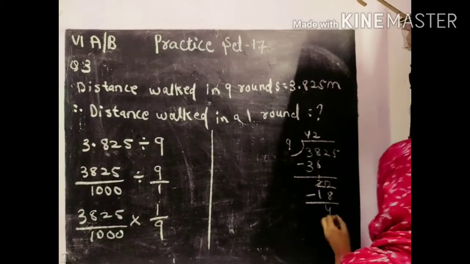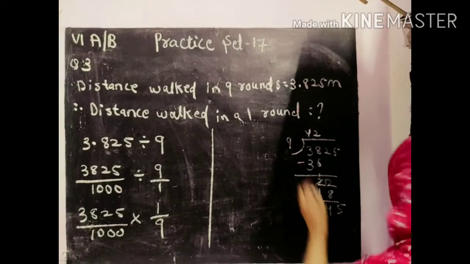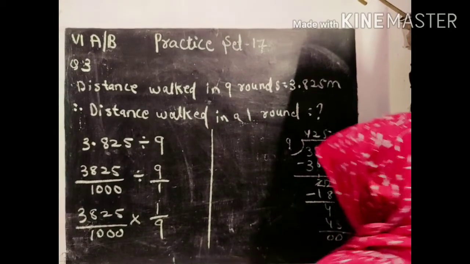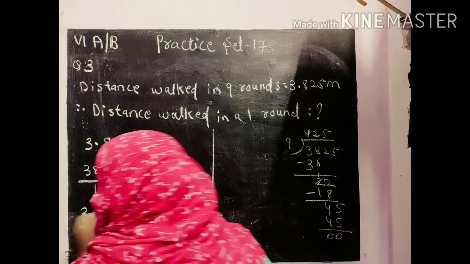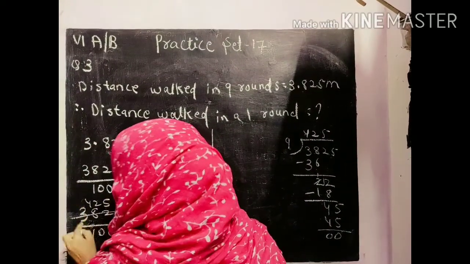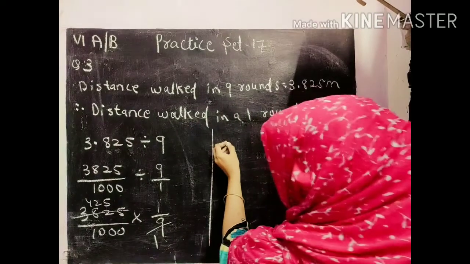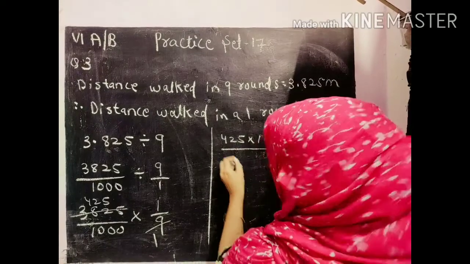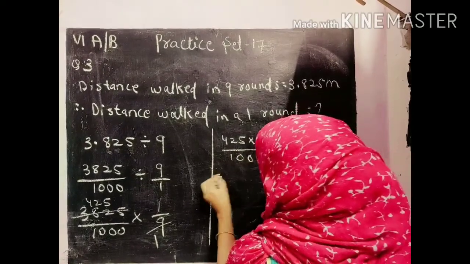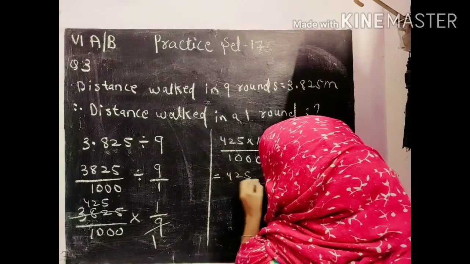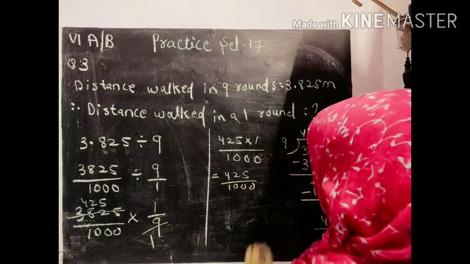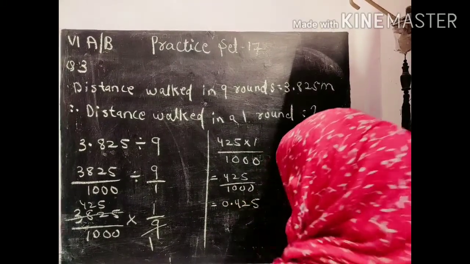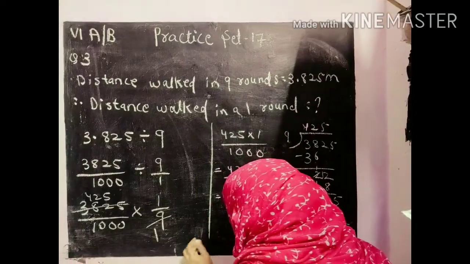Then we put 5: 45. 9 5s are 45. So 0. So 425 into 1 and 1000. So 425 upon 1000. The answer will be 0.425.